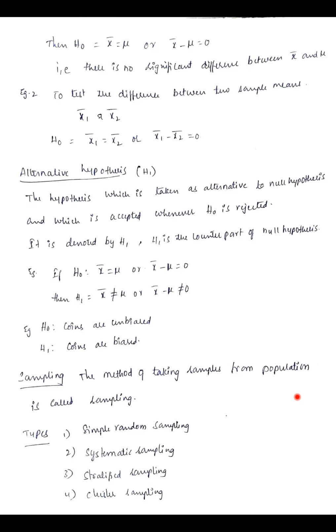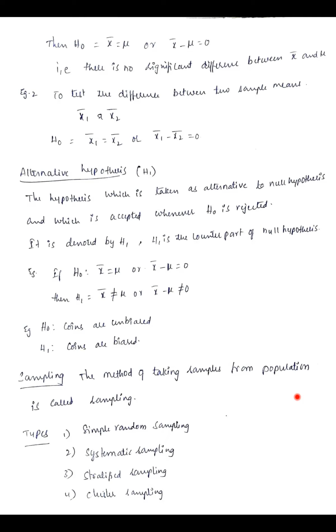It is denoted by H1, the counterpart of the null hypothesis. For example, if the null hypothesis is x bar equals mu, or x bar minus mu equals 0, then the alternative hypothesis H1 is x bar is not equal to mu, or x bar minus mu is not equal to 0.